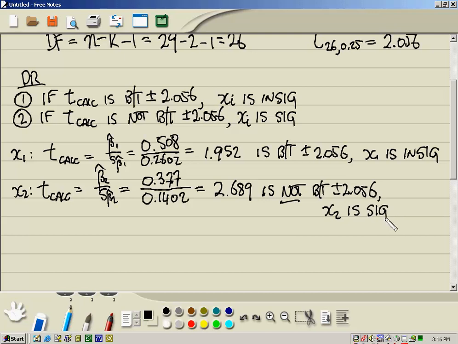In other words, the midterm score x2 significantly helps explain the y variable. Alright, and that's the end of the technical analysis.